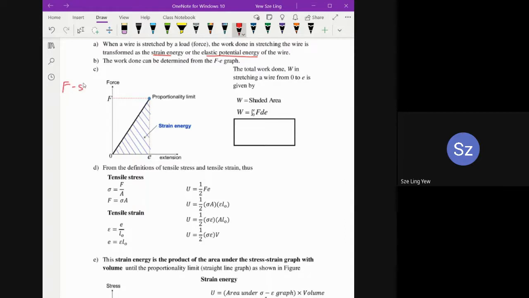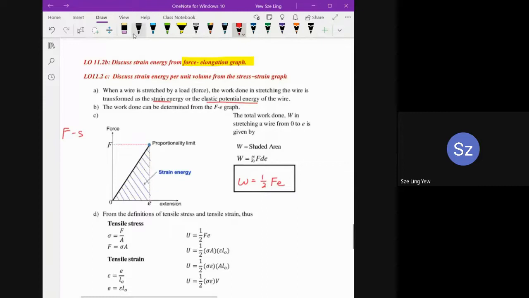The total work done in stretching the wire from 0 to e is given by the shaded area. So if you integrate F de, then you will obtain W equals to 1 over 2 Fe, which is the area under the graph.